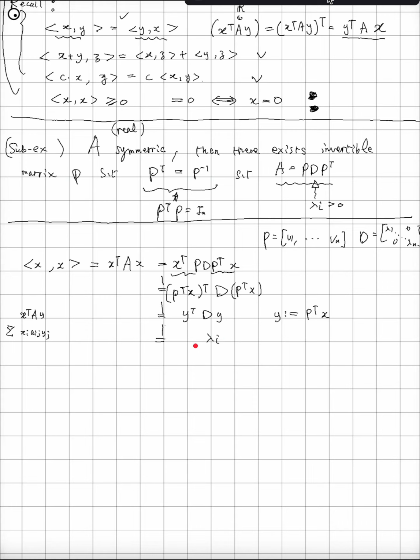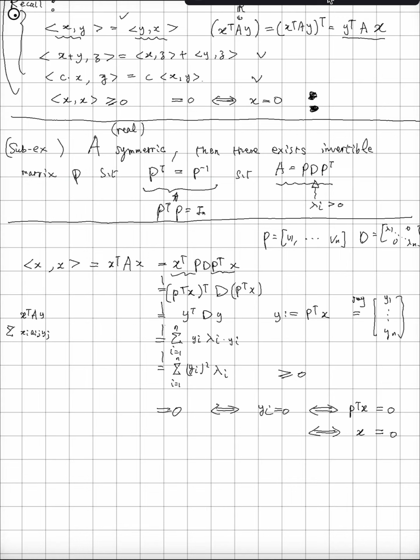In this case, it will be just the sum of yi squared lambda i, which is bigger or equal than 0, and this equals 0 if and only if all the yi equal 0, if and only if P transpose x equals 0, if and only if, since P is invertible, x equals 0. And so we prove this satisfies the last condition.